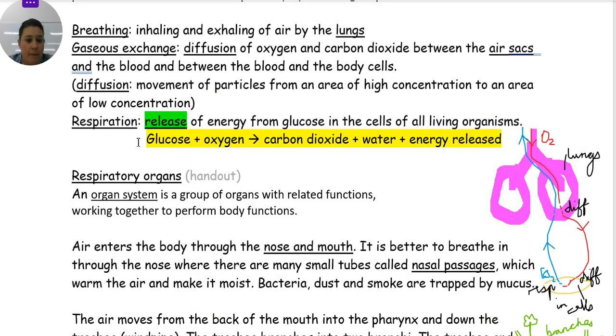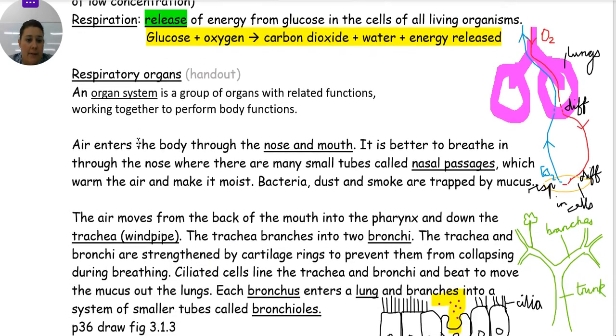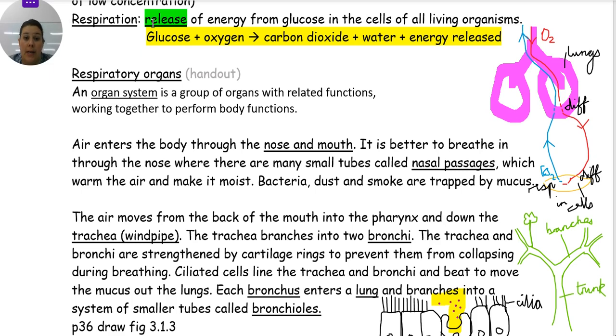Then the other definition we've got here is respiration. Respiration is not the same as breathing, it's very different. Respiration is a chemical reaction. We need energy to live. Every single process of your body needs energy. Blinking, I'm using energy.